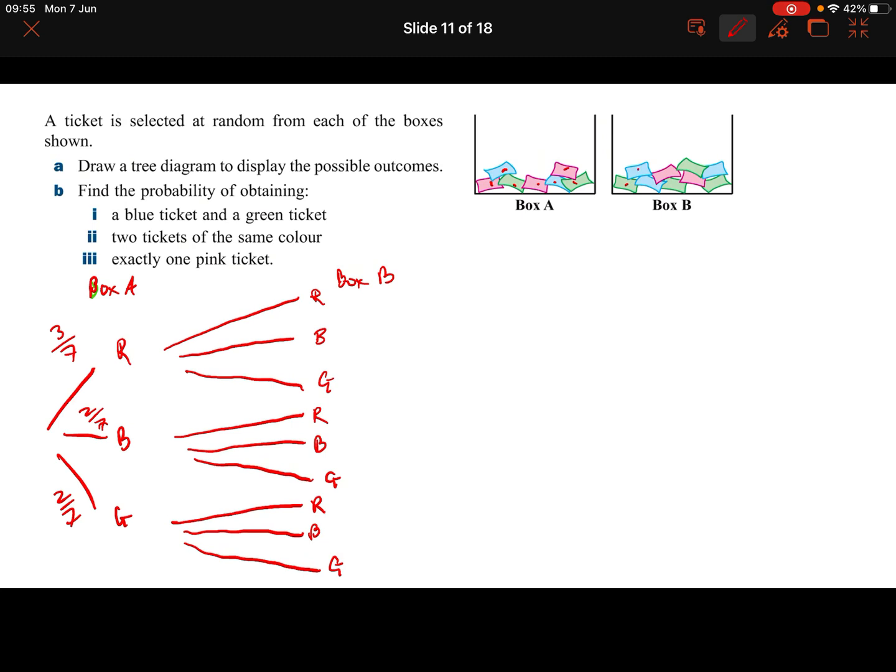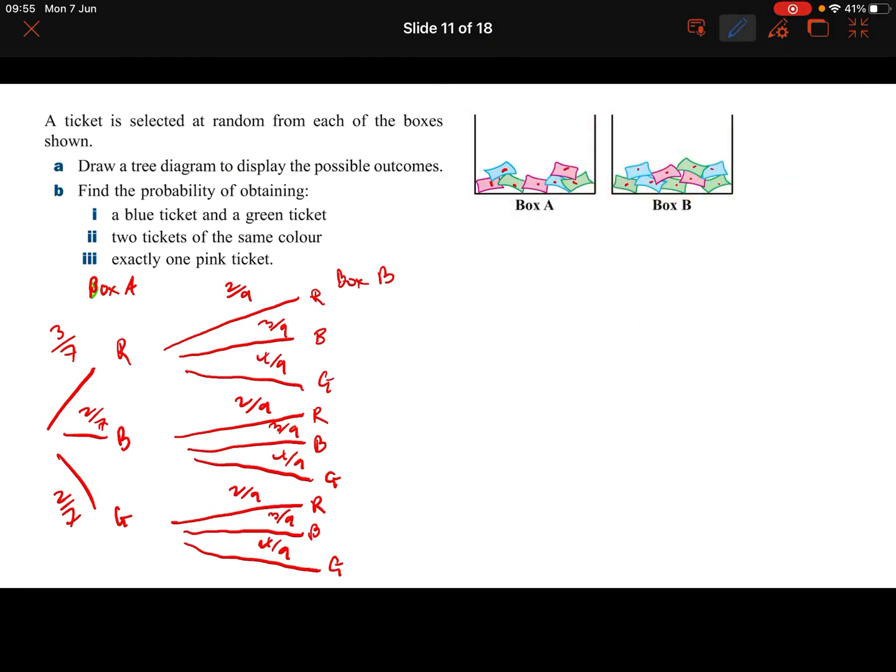Got 1, 2, 3, 4, 5, 6, 7, 8, 9, 2 of which are red. So 2 out of 9, blue is 3 out of 9, and green 4 out of 9. They're independent, so I can just copy these down. 2 out of 9, 3 out of 9, 4 out of 9, 2 out of 9, 3 out of 9, 4 out of 9.